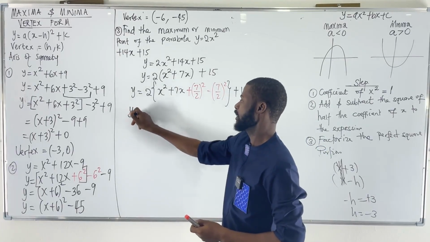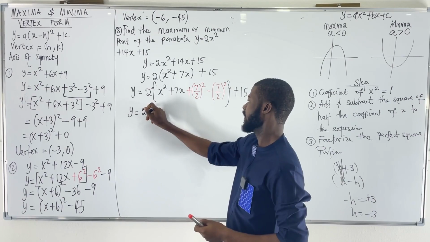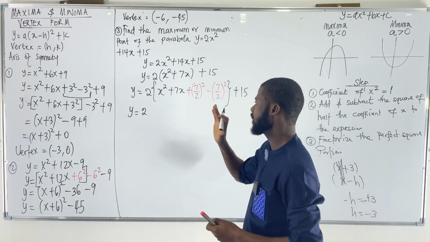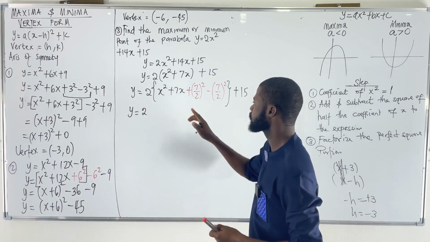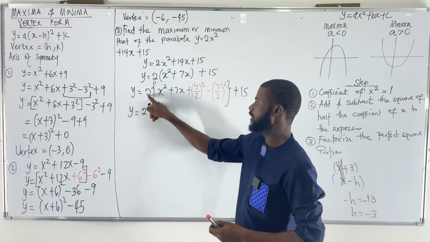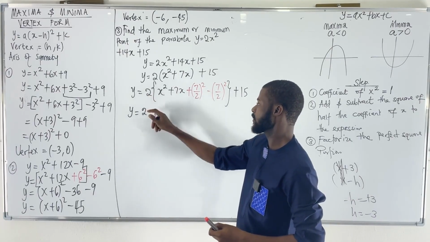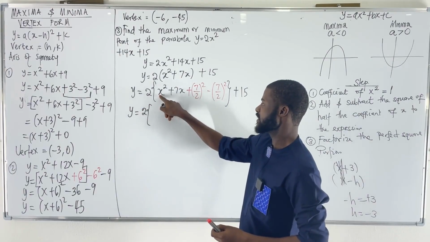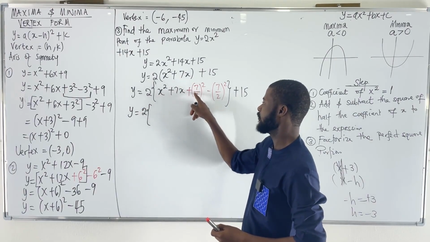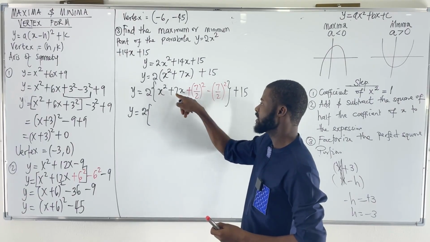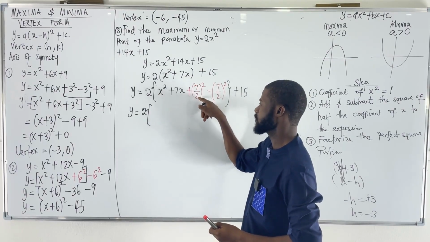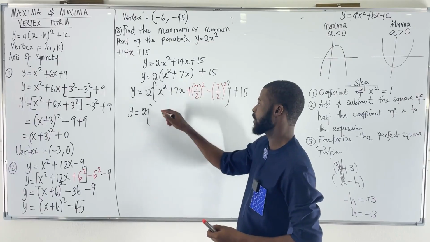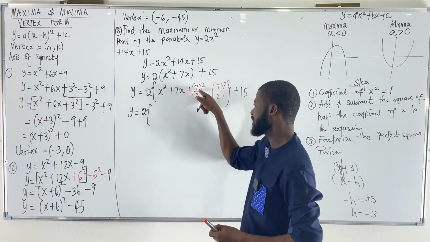So this is y equal to, and then take a good look at this. Since this is x squared, and this is 7 over 2 all squared, and I know that half of 7 is 7 over 2 here, I can make this a perfect square. So I'll pick the x and pick this 7 over 2.